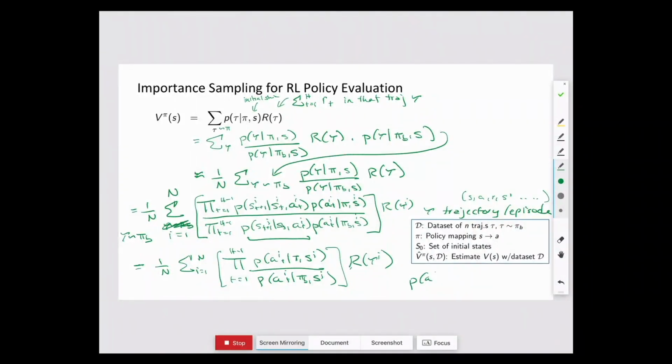What we require in this case is that if the probability of A given pi, the policy that we care about, is greater than 0, then P of A given pi_b and S has to be greater than 0 for this to be valid. So what it says is that if there's some chance my policy would prescribe Tylenol, then in my behavior policy there has to be some chance that I would also prescribe Tylenol. It has to be non-zero.